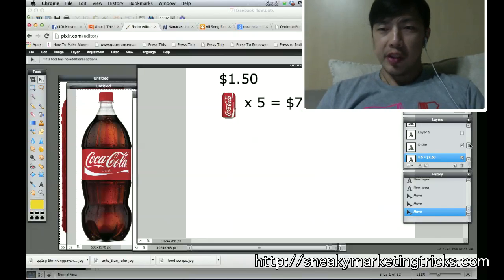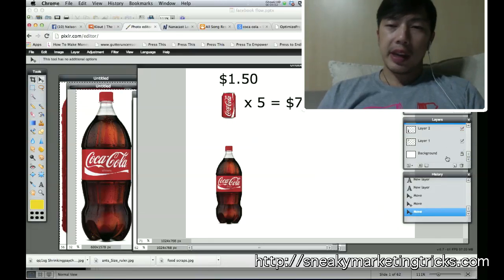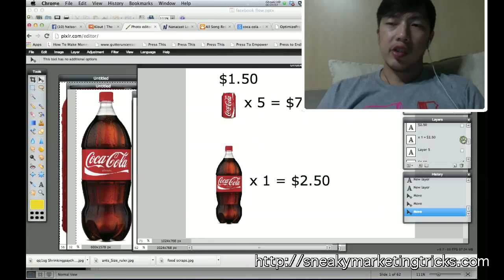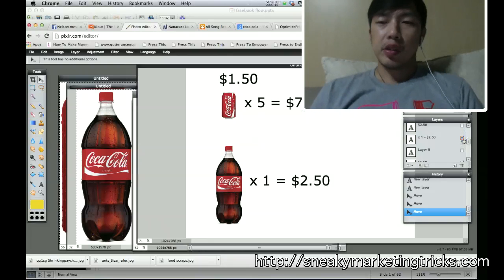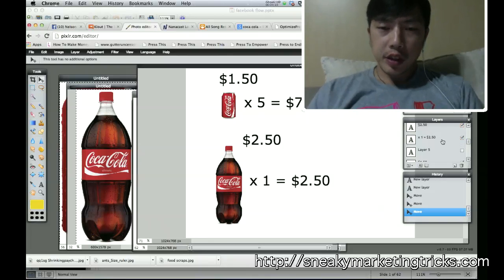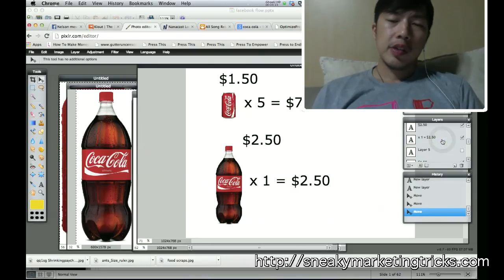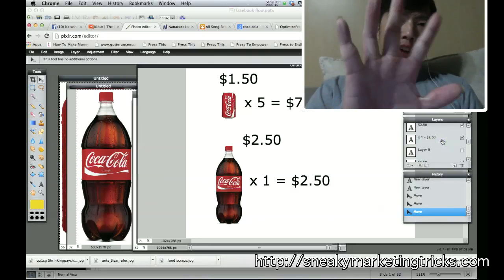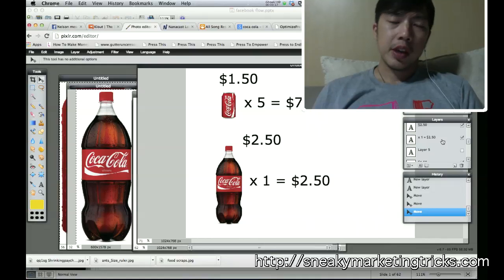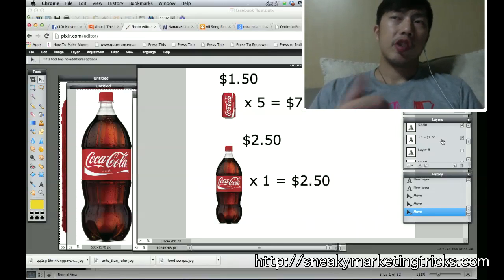So we save a bunch of money, and just how much we save is like this. This big bottle of Coke costs just 250, so that actually is a $5 savings right here. Can you already see how buying in bulk is actually cheaper?